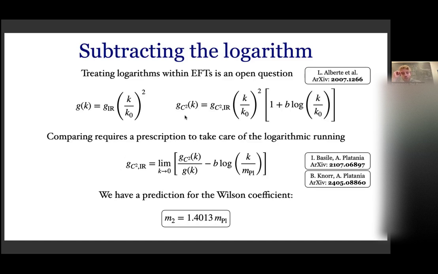But in doing this, one has the freedom to choose the scale at which to subtract the logarithm. Basically, you have to identify k0 with something and then plug it into this formula to get a finite value for the IR value, the infrared value of the Weyl-squared coupling in this case.